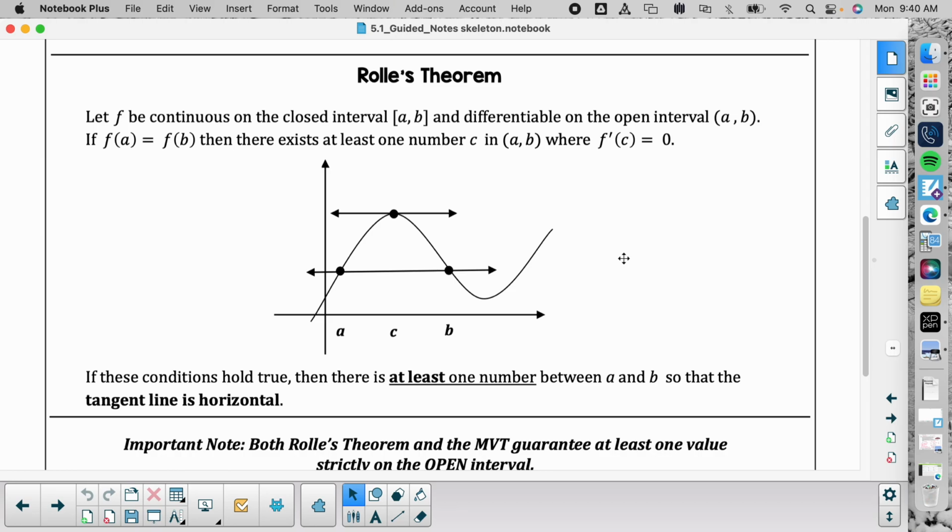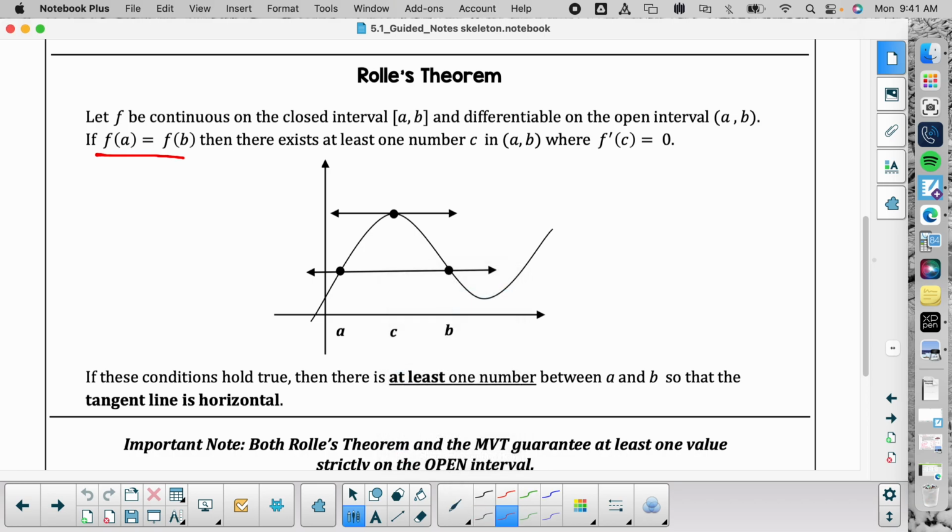With mean value theorem, the only thing we're really checking for is continuous and differentiable. For Rolle's theorem, they theoretically check for a third criterion, which is that the two endpoints have to have the same height. So f of a equals f of b means they have the same height.